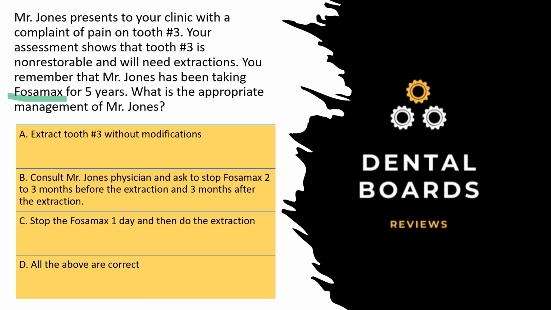But if it's just Fosamax and the patient is otherwise healthy, meaning they don't have any immunocompromise, or any uncontrolled diabetes or any other medical conditions that decrease immune system function, then A is appropriate. So you can extract without any modifications.